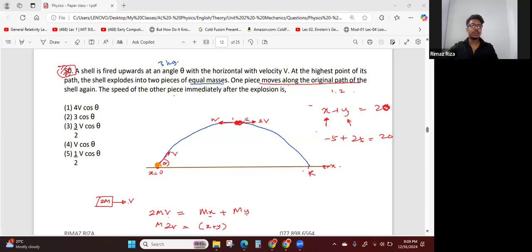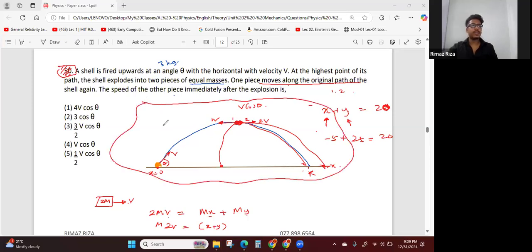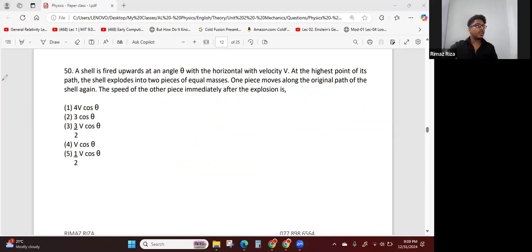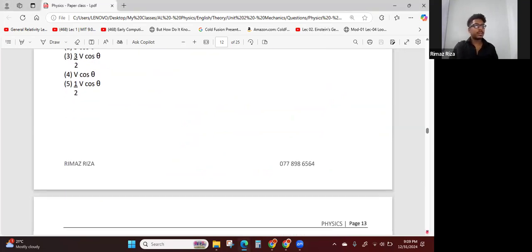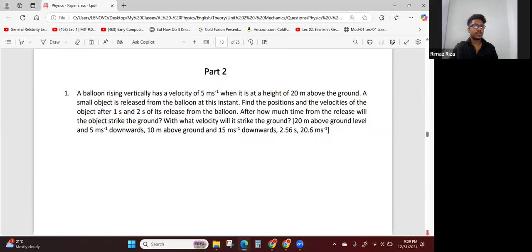Let's say after the explosion, this one has a larger speed and this one has some backward speed. This one will land somewhere here, and this one will land somewhere here. But the center of mass always follows this path, something like that. I will do a complete analysis of this particular scenario in our next class. So for the moment, we'll skip that and let's do this question.